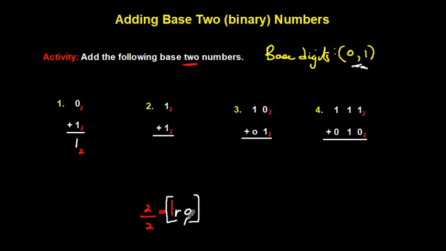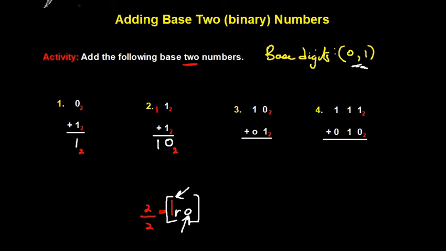So the remainder that you get, that's what you put right here, and you carry this 1 right there, right? And now we have 1 plus nothing at the bottom, which gives you back 1. So in the base 2 system, 1 plus 1 is actually 10 base 2.